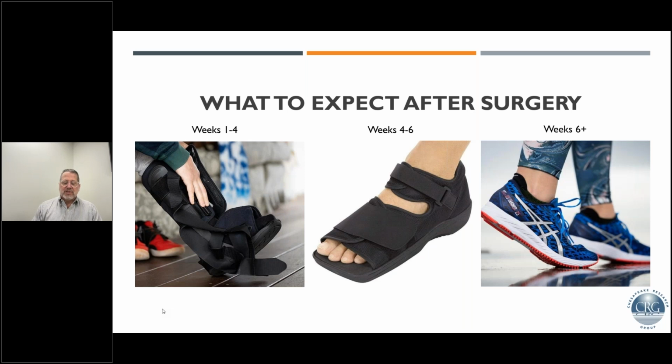And from weeks 4 through 6, we will provide a surgical shoe to allow the patient to ambulate as they then soon transfer into a walking or running shoe. This usually occurs at about 6 weeks, and the subjects may return to their regular level of activity, weight bearing, exercising, etc., as tolerated.